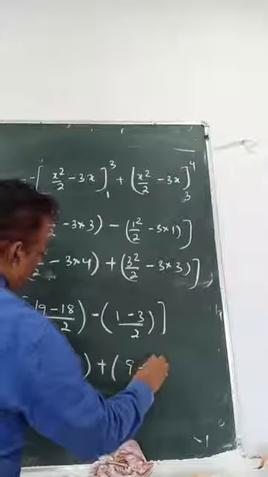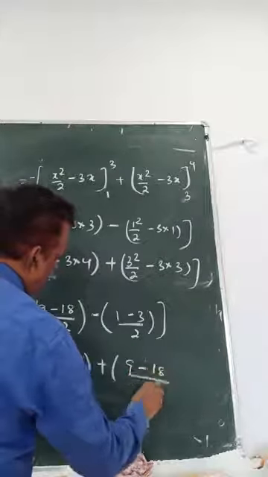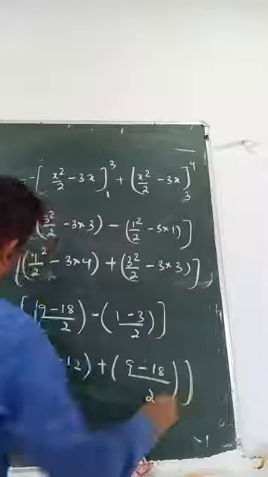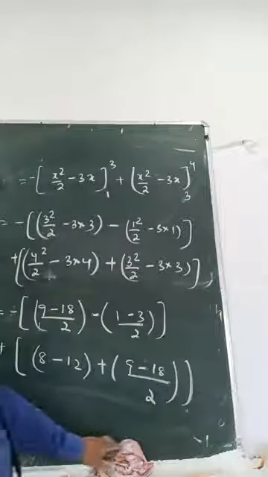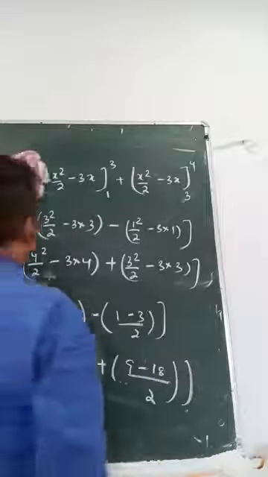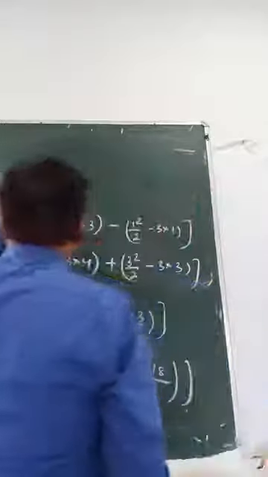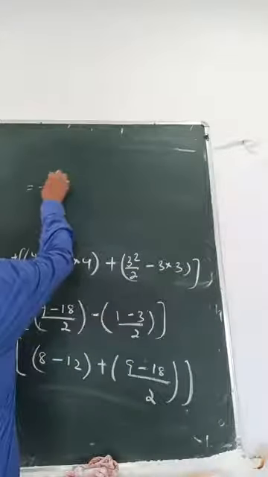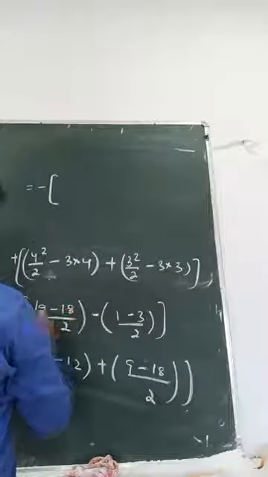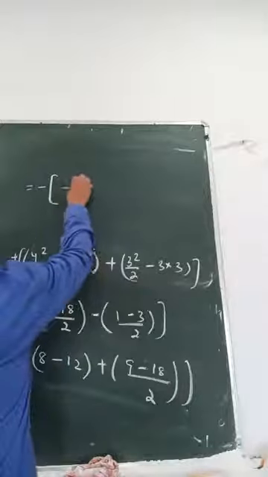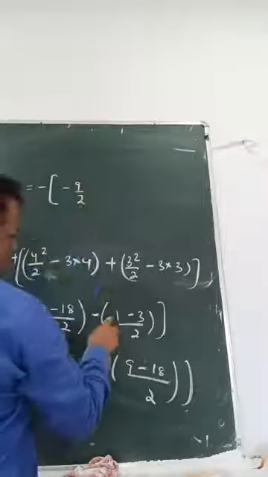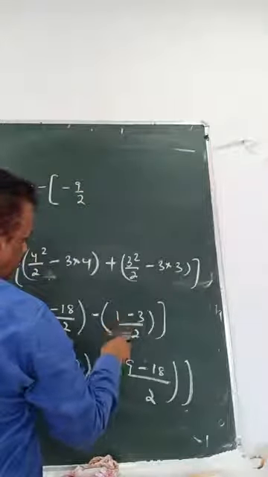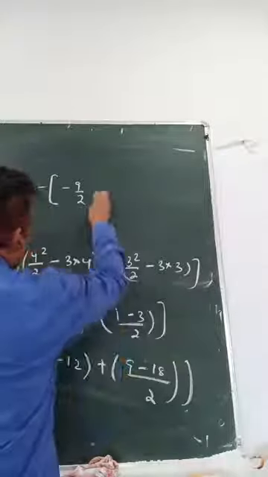Plus 9 minus 18 by 2. Okay, so that gives you minus 9 by 2, this is minus 2 by 2, minus 1 plus 1.